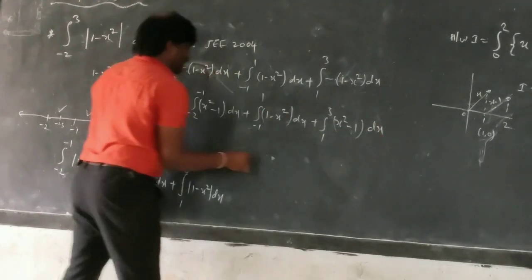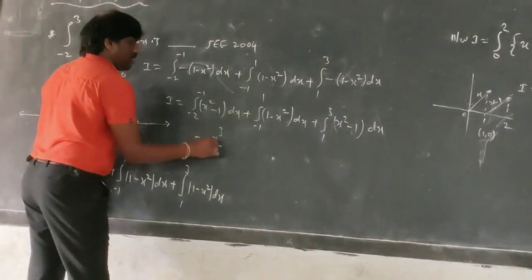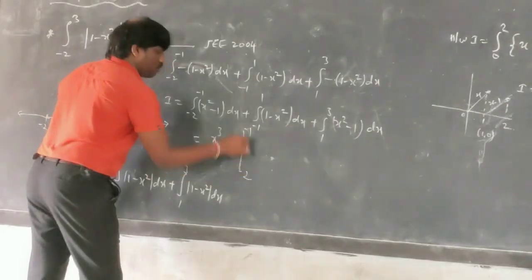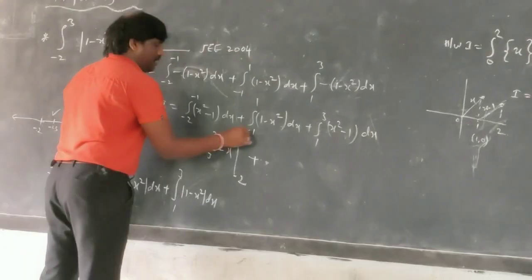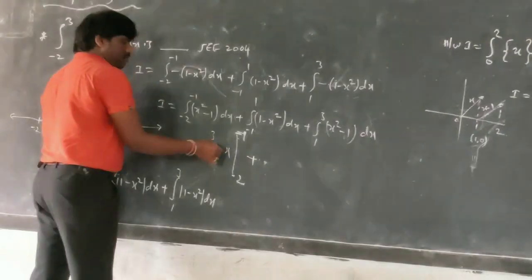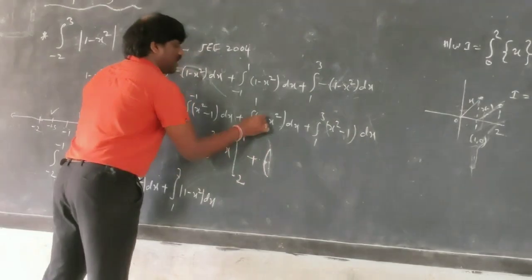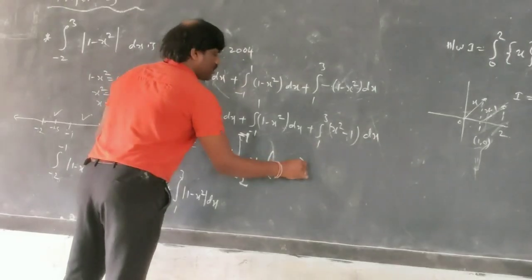Now you can integrate this easily. What is the integration of x square? x cube by 3. Integration of 1 is x. Substitute minus 1 and minus 2: the upper limit minus 1 is substituted, then you substitute minus 2. Plus, integration of 1 is x, integration of x square is x cube by 3.